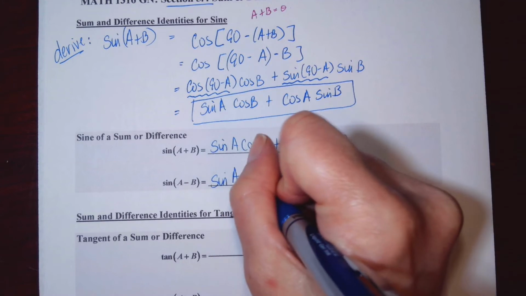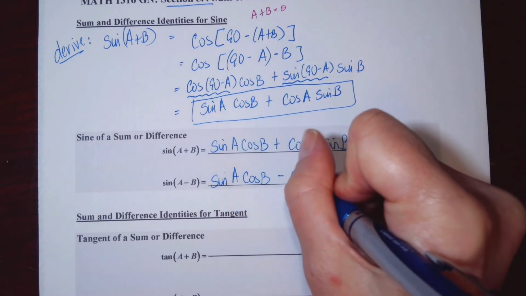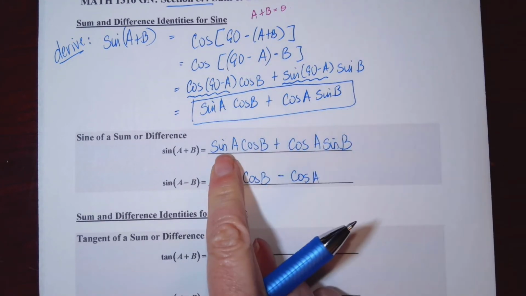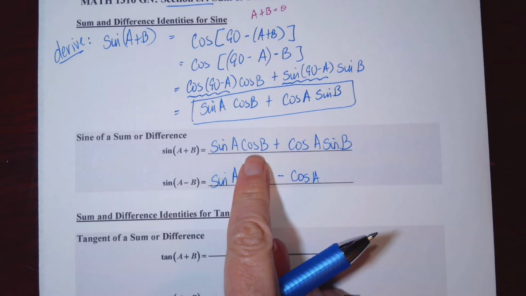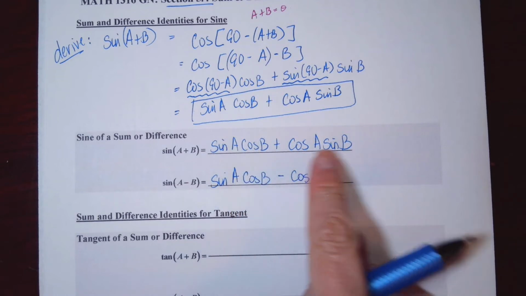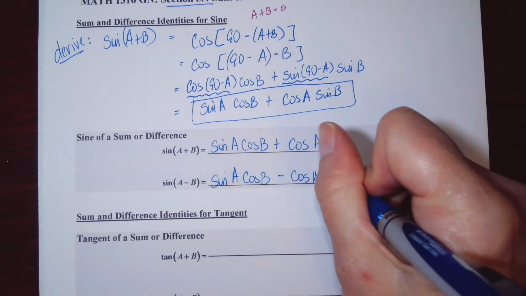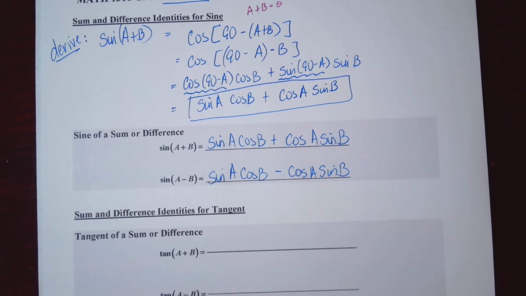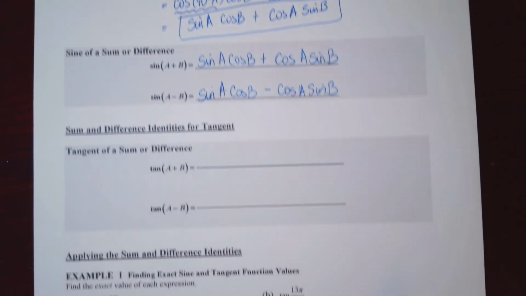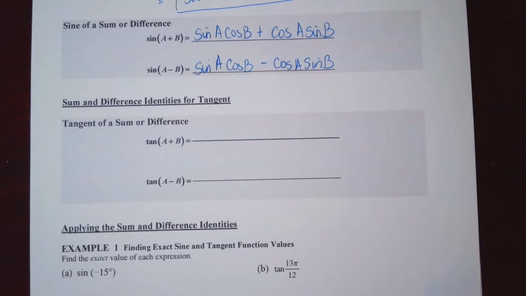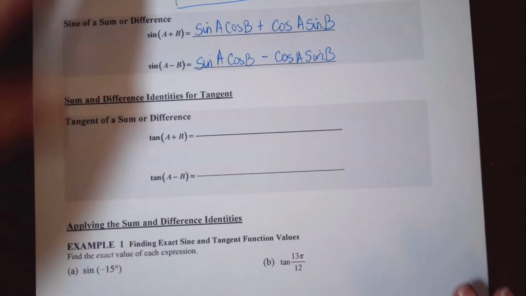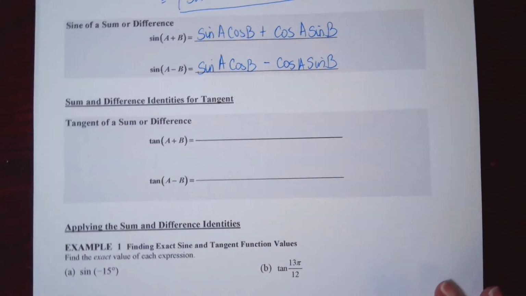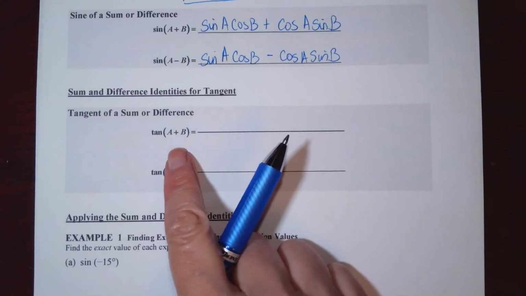But this time, the pattern is sine of the first, cosine of the second, and then the next product is cosine of the first angle, sine of the second. Those patterns you need to get familiar with so that you can recognize them, so you can find the identity when you need to use it. Remember, you don't have to memorize all of the identities because you will have access to your identity sheet on test 3, 4, and the final.